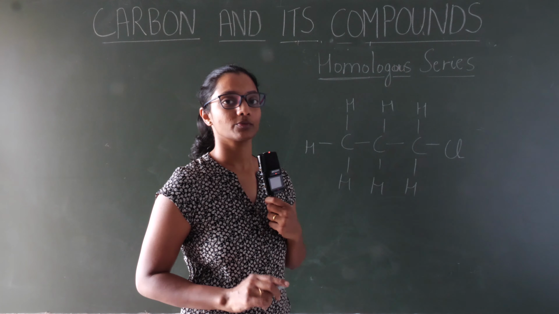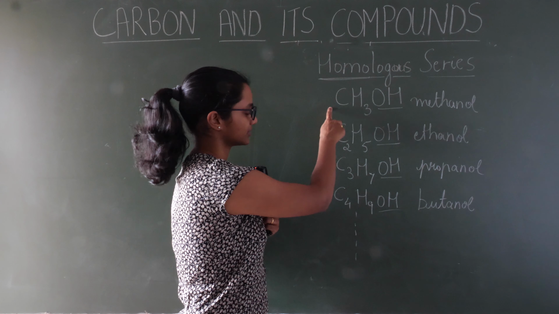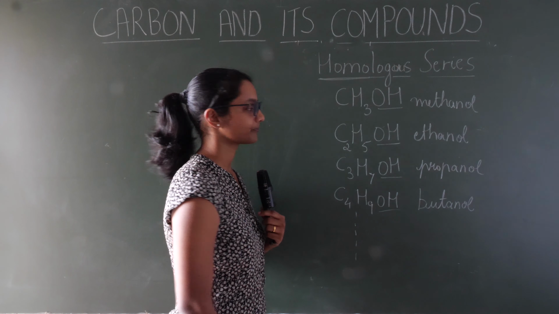So it keeps on adding larger chain compounds, but there is something similar in all of these compounds, which is the functional group attached, which is nothing but the alcohol functional group. So it's methanol, ethanol, propanol, butanol. In all this, the functional group defines the properties of the carbon compound, irrespective of the size of the compound.